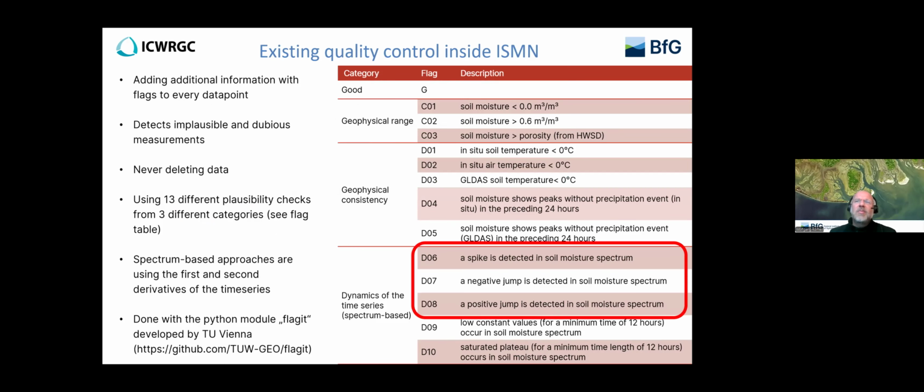And yeah, we are trying to improve our approach to data flagging. We try to use AI technology and AI models. And for this, I made a small test for these spectrum-based approaches here in red. So for the spikes, for the negative and positive jumps, I did a little study.